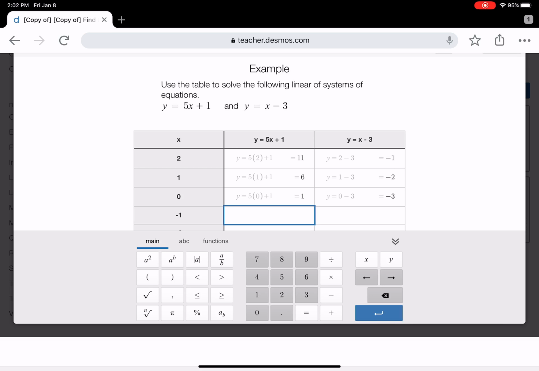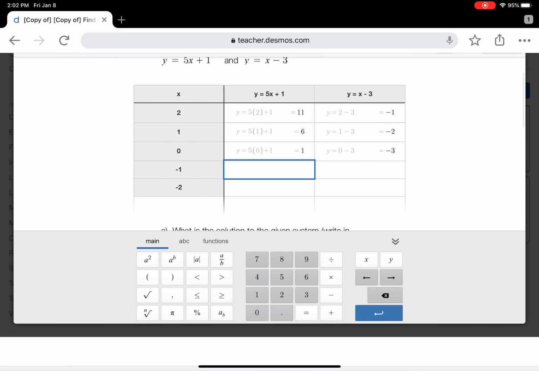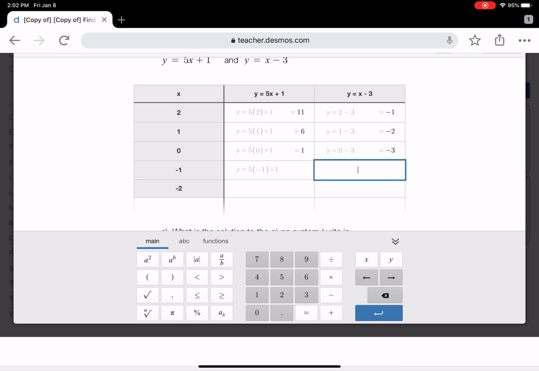When x is negative 1, let's find the value for each equation. So y equals 5 times negative 1 plus 1. So 5 times negative 1 is negative 5, plus 1 gives you negative 4.